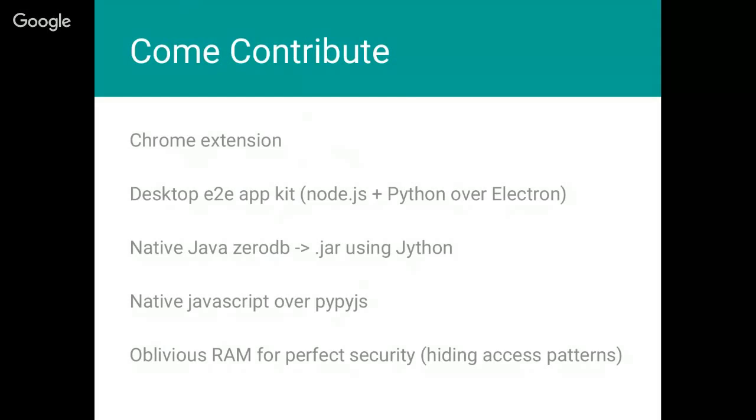All right, and also what would still be good is to get ZeroDB working in the browser. The way it would work, we would want to get ZeroDB running in JavaScript. So one would think that you need to rewrite it in pure JavaScript for that, but apparently it's not necessary.